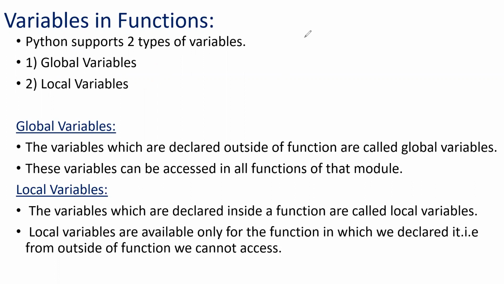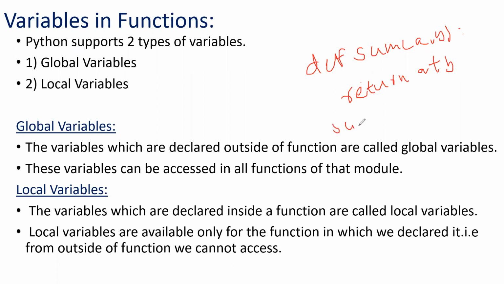And global variable. Global variable means, if you create a function, let me take this as a function: def sum(a, b). The output must be returned, so return a plus b, and we need to pass the values.